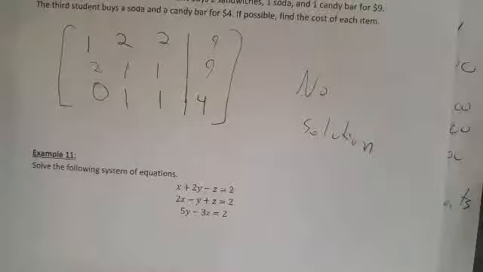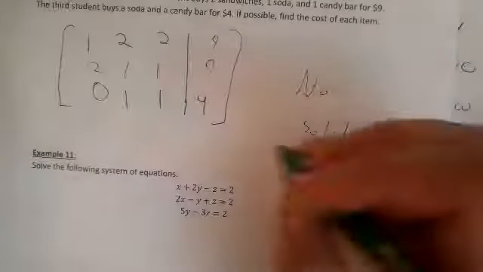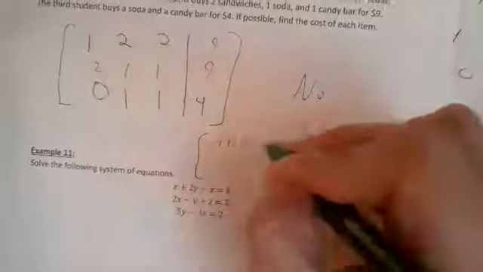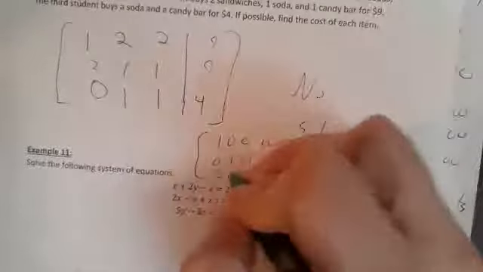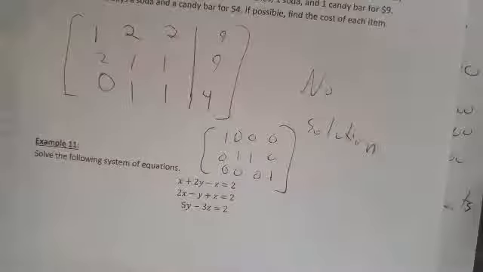There isn't enough information there to solve it. No, there's not. You end up getting a 0001 on the bottom, basically, right? I'll write it out real quick. 1, 1, 0. So you end up getting something like that.